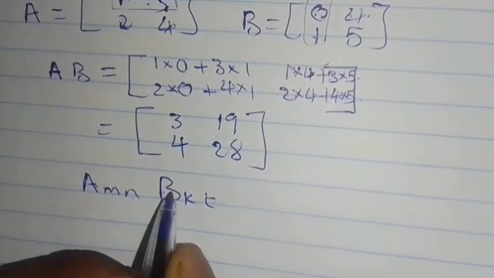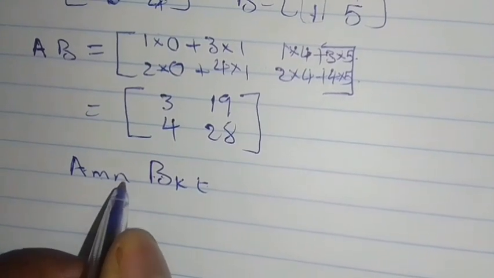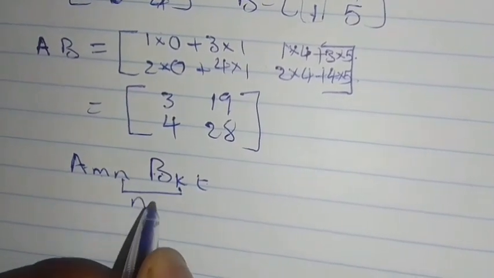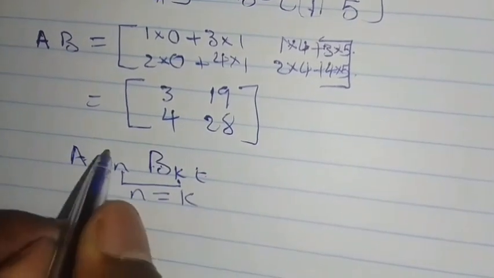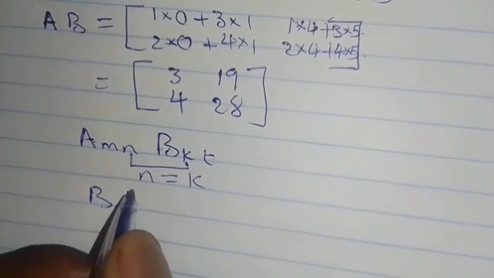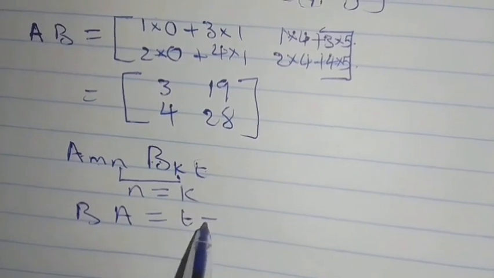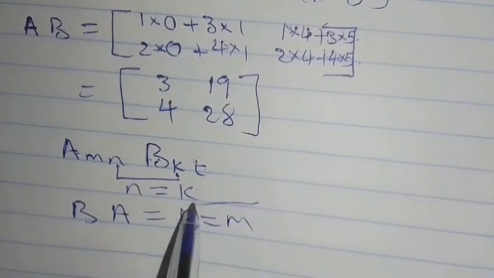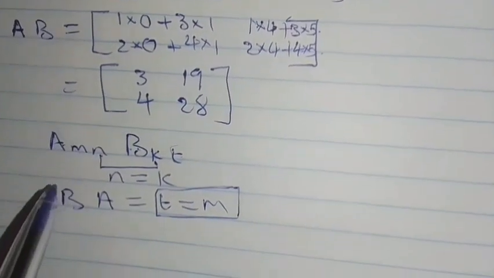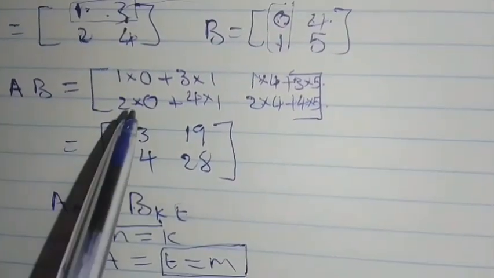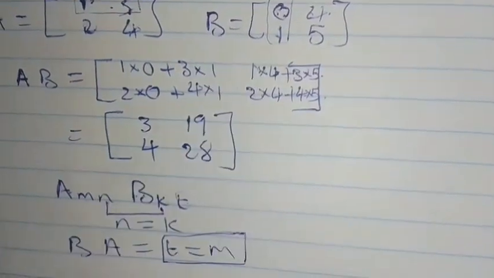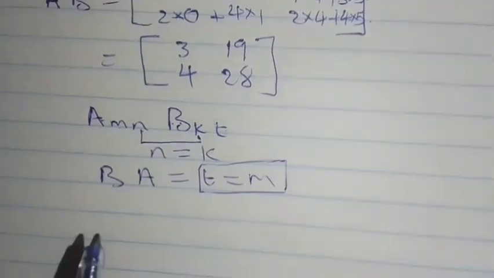For AB to exist, n must equal k. And for BA to exist, t must equal m. So the columns of the first matrix must equal the rows of the second matrix. That's only when the product will exist.